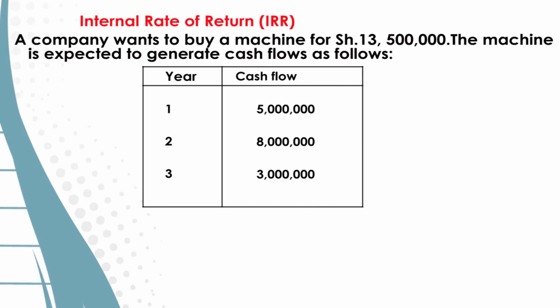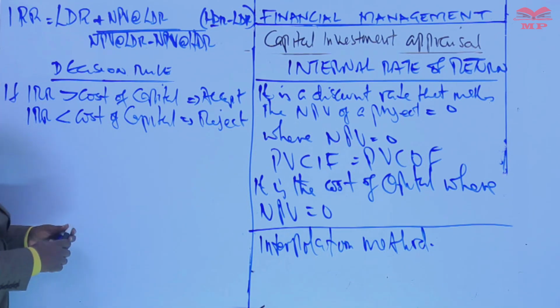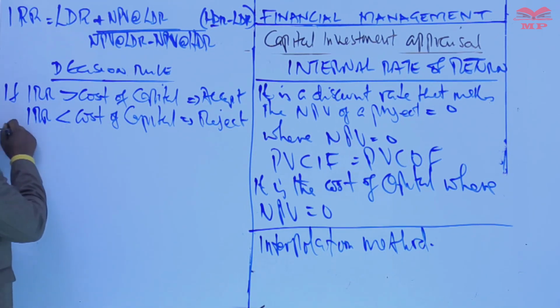We have 5 million plus 8 million plus 3 million. What is the total? Is it 16 million? Then if you deduct the initial cash outlay of 13.5 million from the 16 million, what do we have? We are trying to find a way in which we will estimate these two costs of capital.